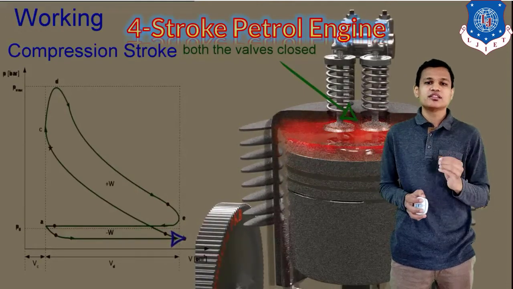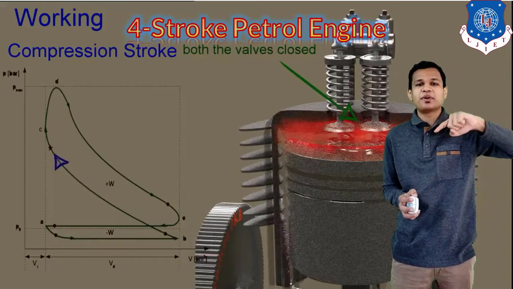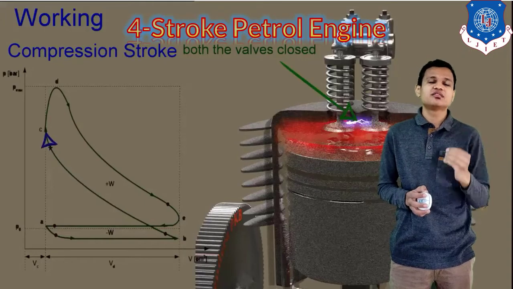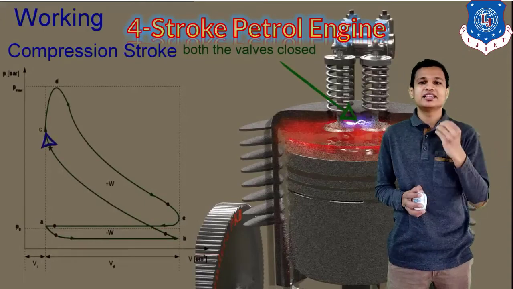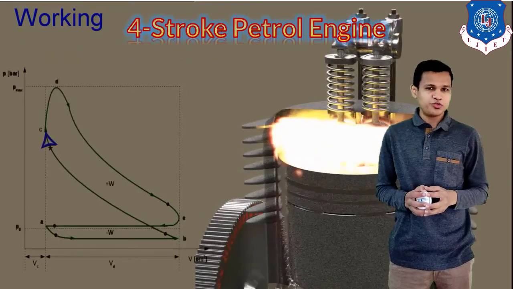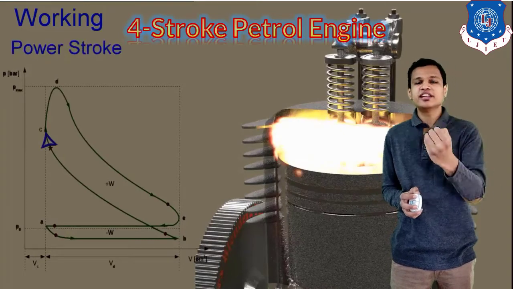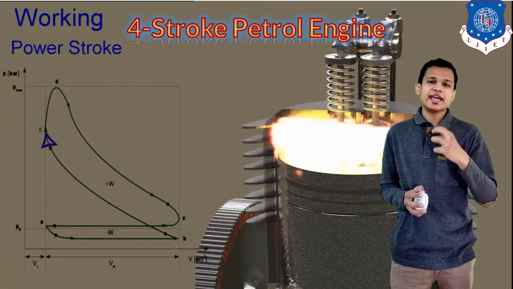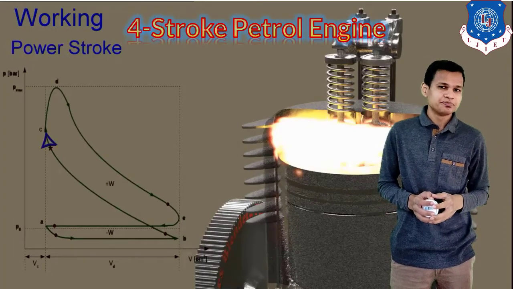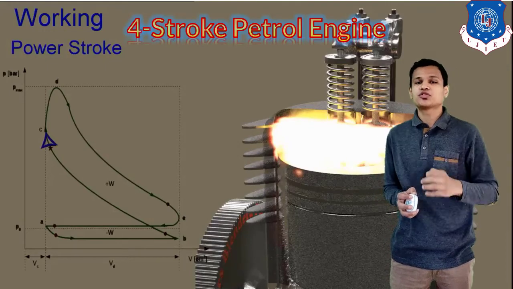Simple law. You can see the charge is compressed, and in the diagram you can see the pressure being increased. After the pressure is increased, we apply the spark in the engine with the help of the spark plug. When we apply the spark, fuel plus air will start burning and release energy. That energy will push the piston downward, and that will give us an expansion stroke.